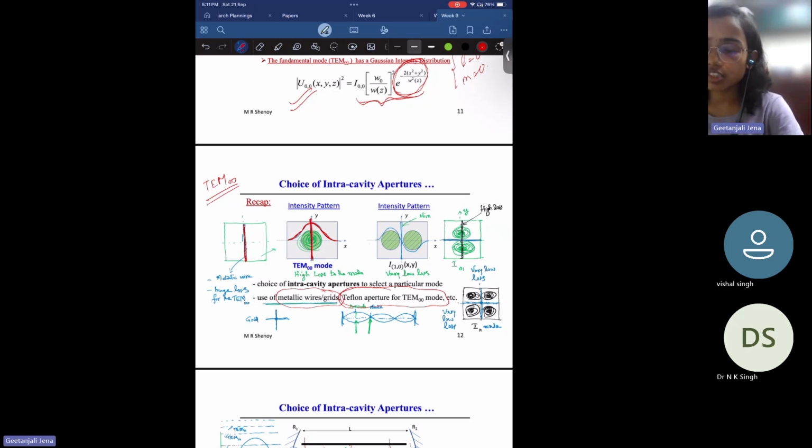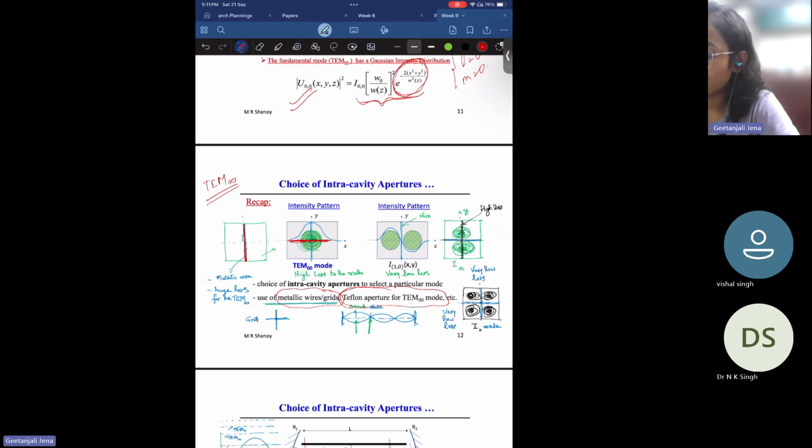Because of the continuity of the boundary condition, this TEM00 mode will experience a loss because the electric field is 0. But if you put the same metallic wire in this direction, then there will be no loss in the system for this mode, right?